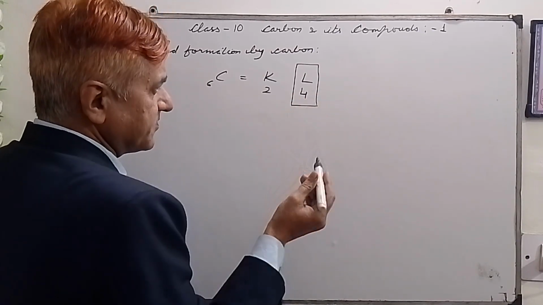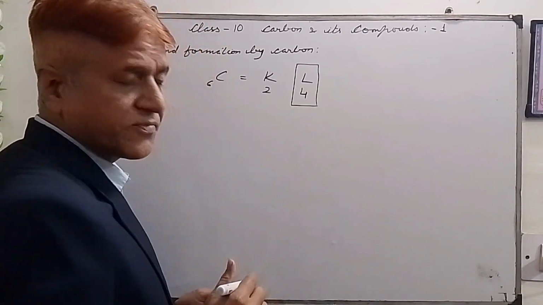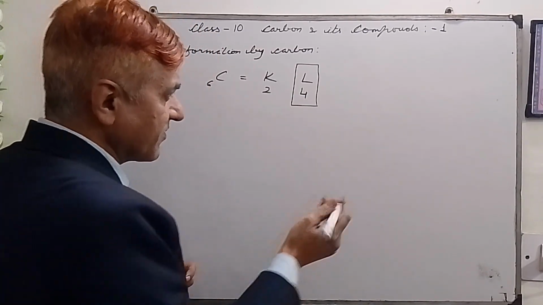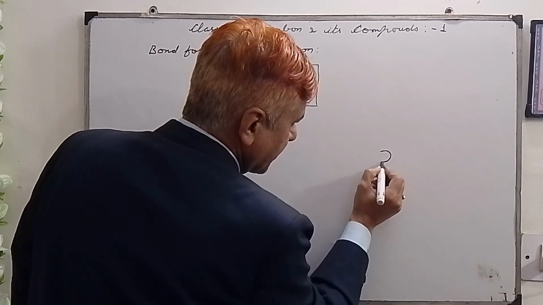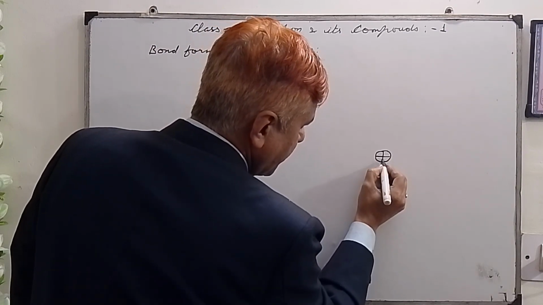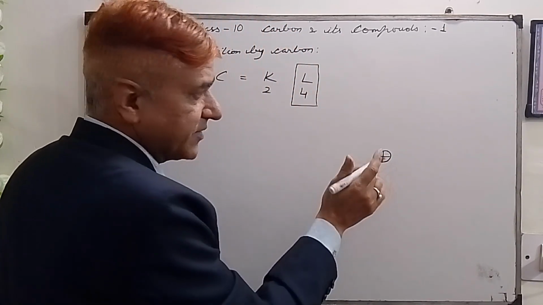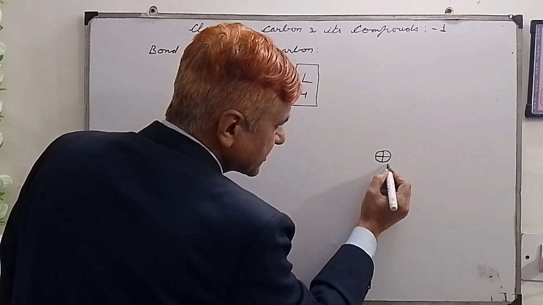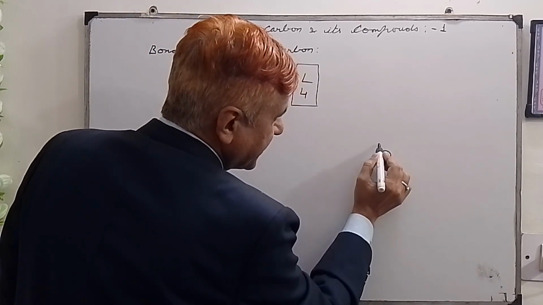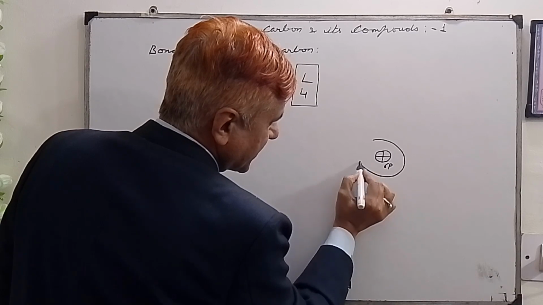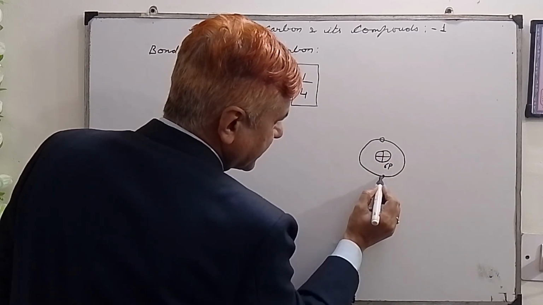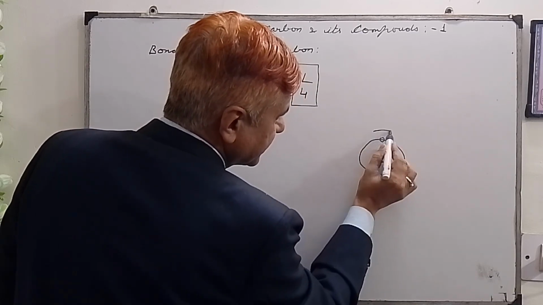So what will happen when it takes 4 electrons? This is the nucleus where protons lie. How many protons? 6 protons. This is the energy shell, the K shell, having 2 electrons.